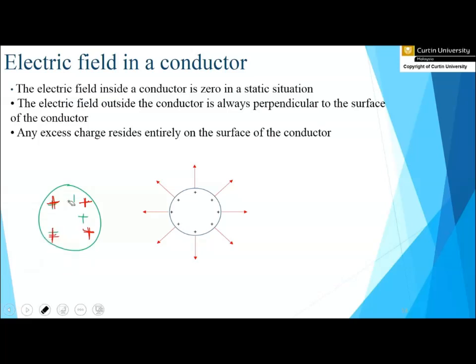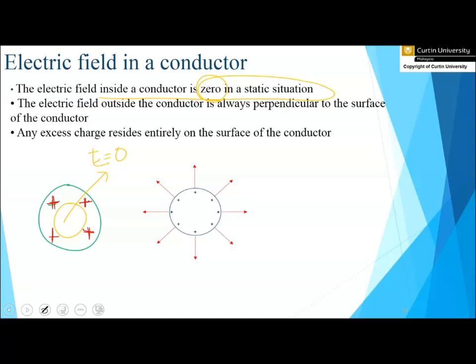When all the charge has gathered on the surface, what is left in the center? There is nothing left, right? So when there is nothing left, your electric field is equal to 0. So the electric field inside a conductor is 0.